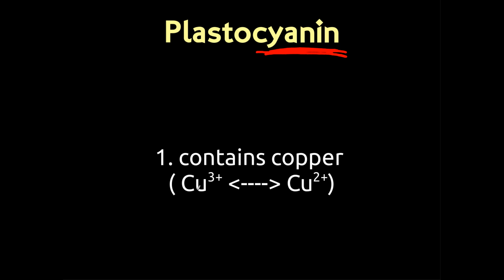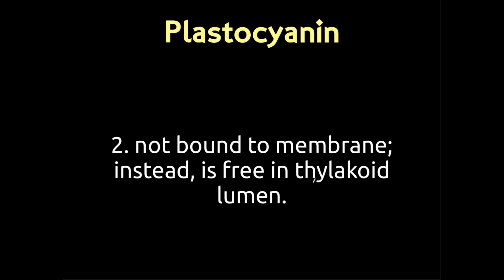The copper is the metal that helps carry the electron. Without the electron the copper is 2+, but with the addition of the electron it becomes copper 1+ to carry that electron.